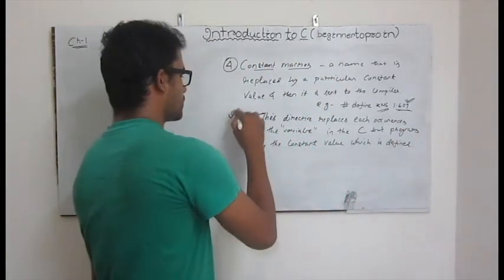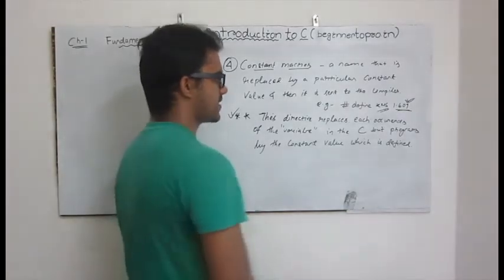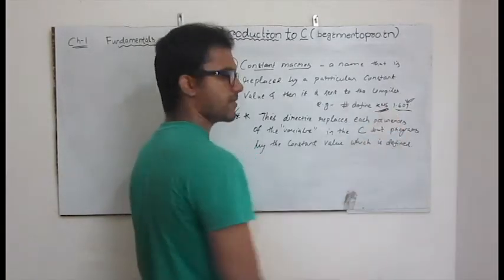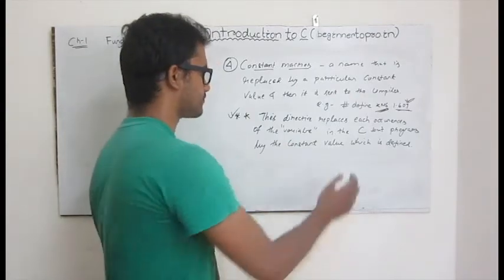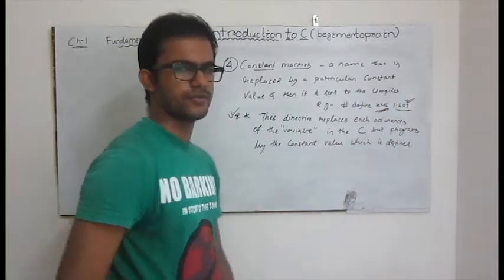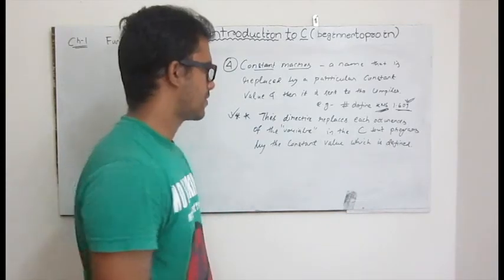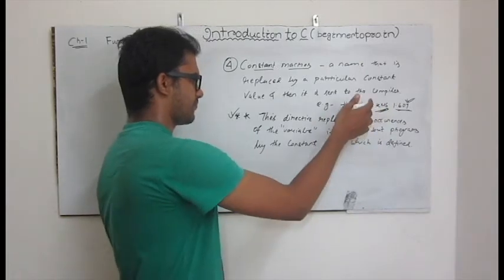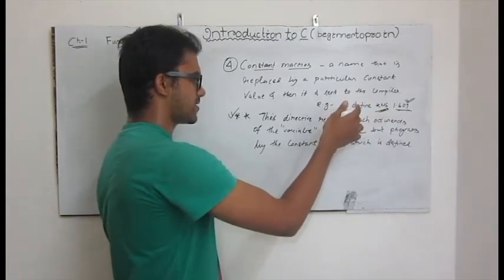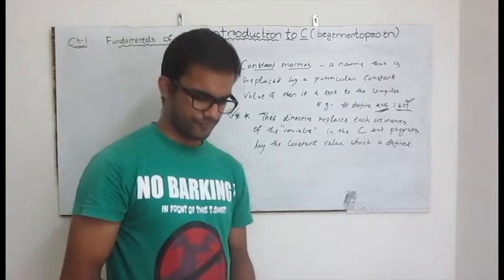What this note describes is that it replaces each occurrence of this KMS in the C program by the constant value, that is 1.609. So it replaces the variable KMS by 1.609 in the program.